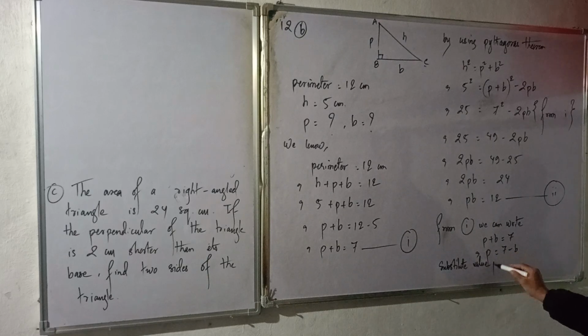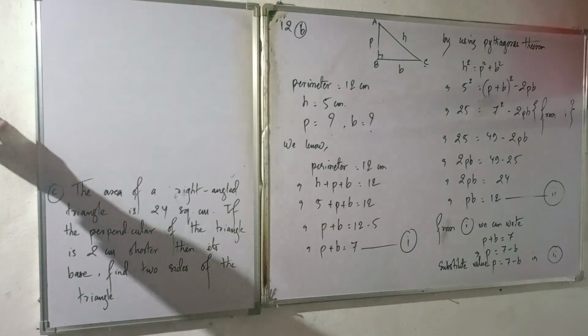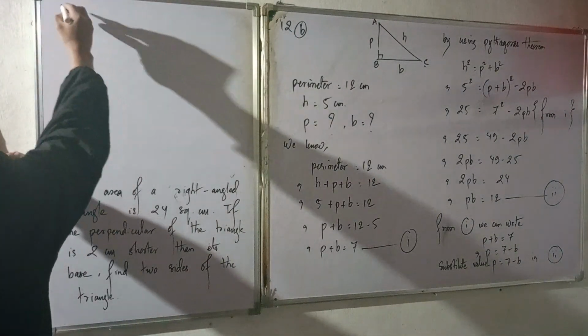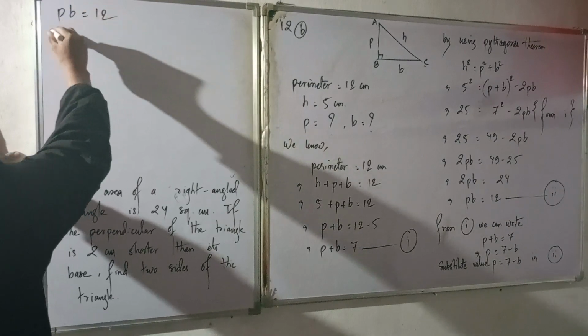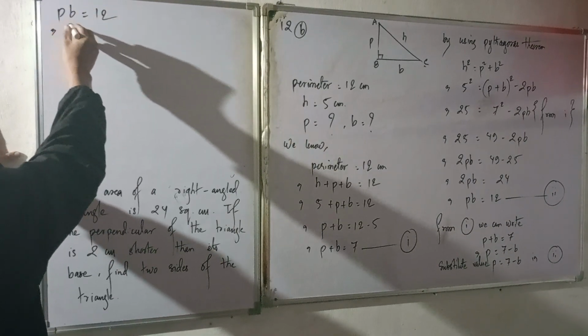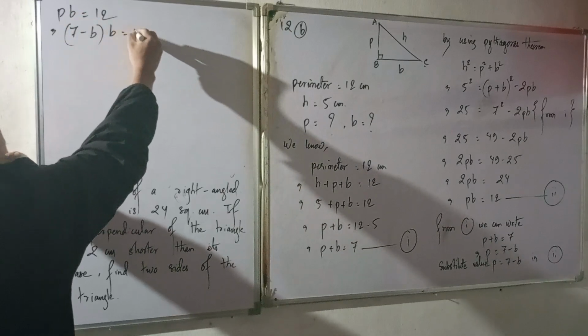Now you will get the result. So in PB equals 12, substitute the value of P by 7 minus B, with this B already there, equals 12.